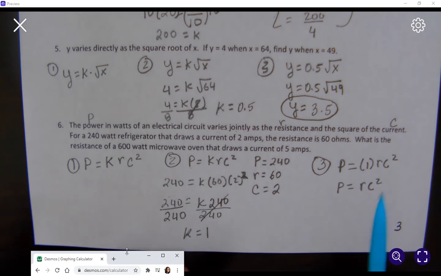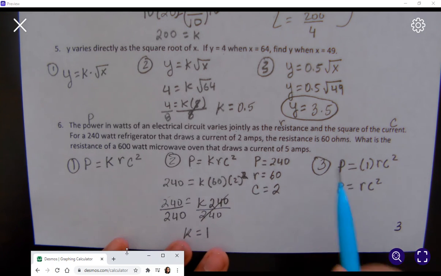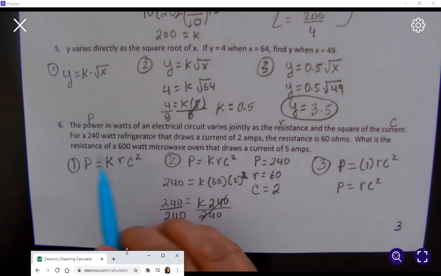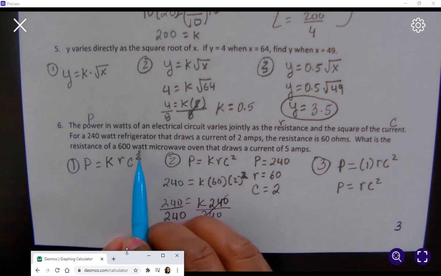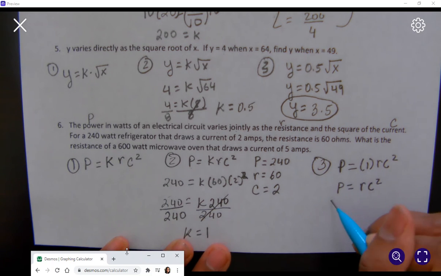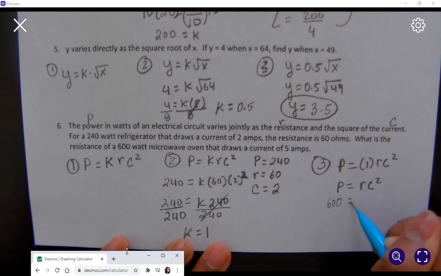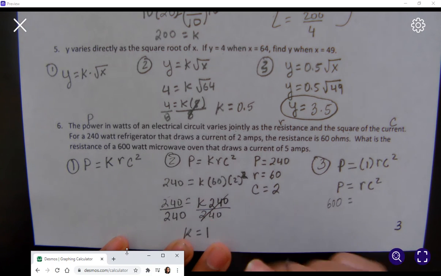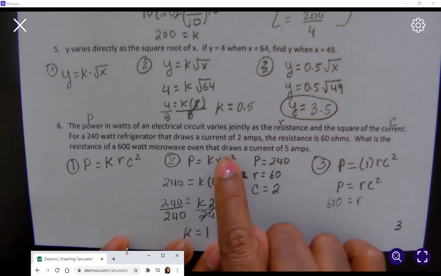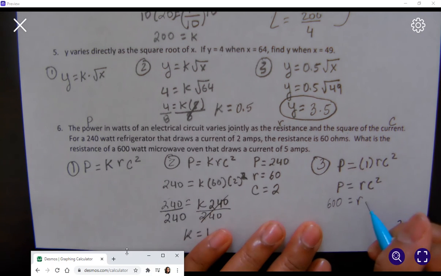So here we have, it says what is the resistance of a 600 watt microwave. So my power changed to 600, and then we're looking for R, and then my current is at 5. So this is at 5 squared.